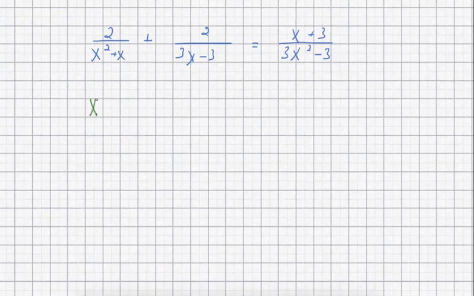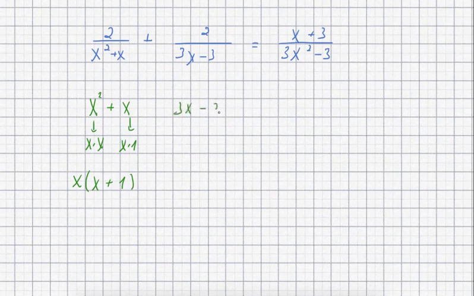So let me just copy it here so it will be more organized. So the first one is x times x, yeah? X times x. X times 1. So that x outside of parentheses, and then put into parentheses x plus 1. Great.